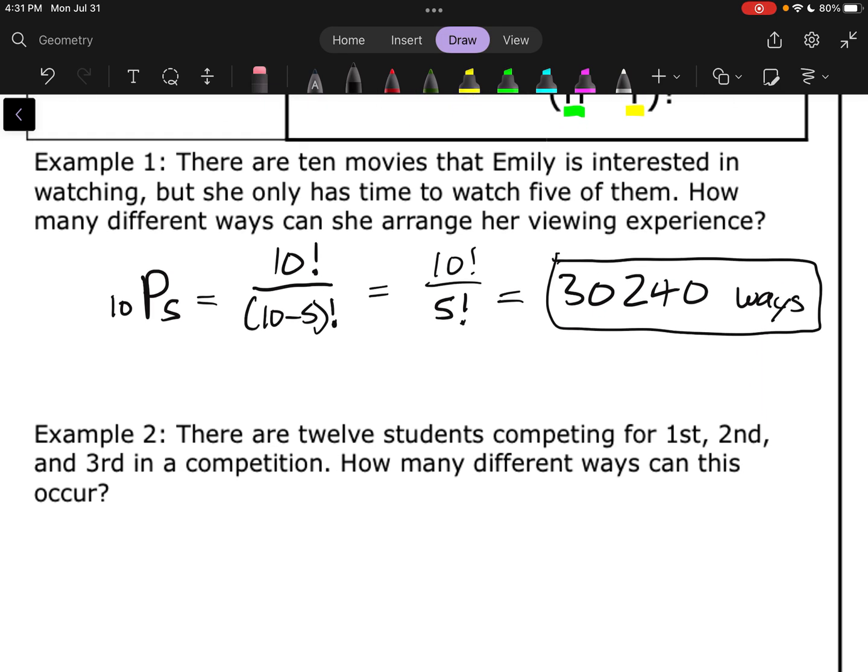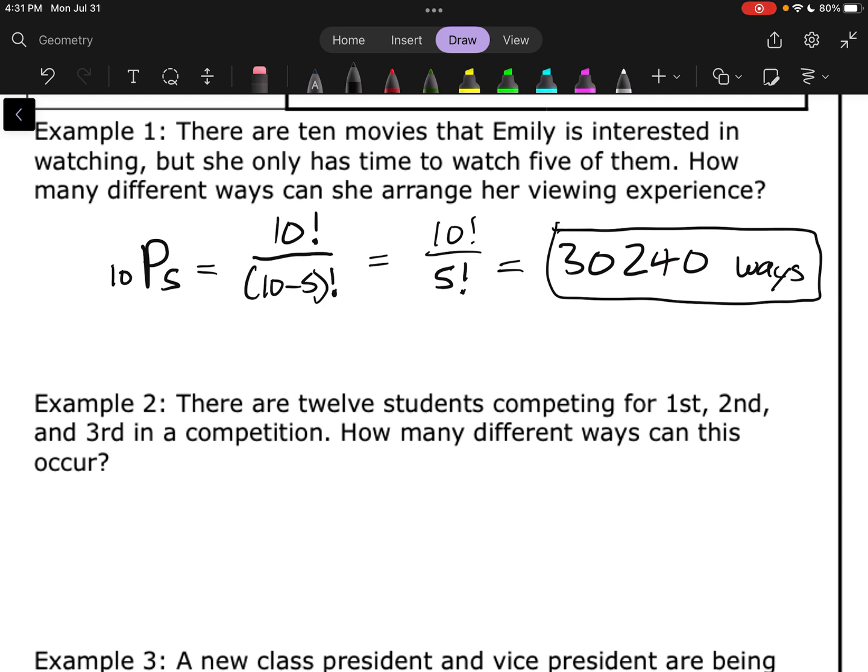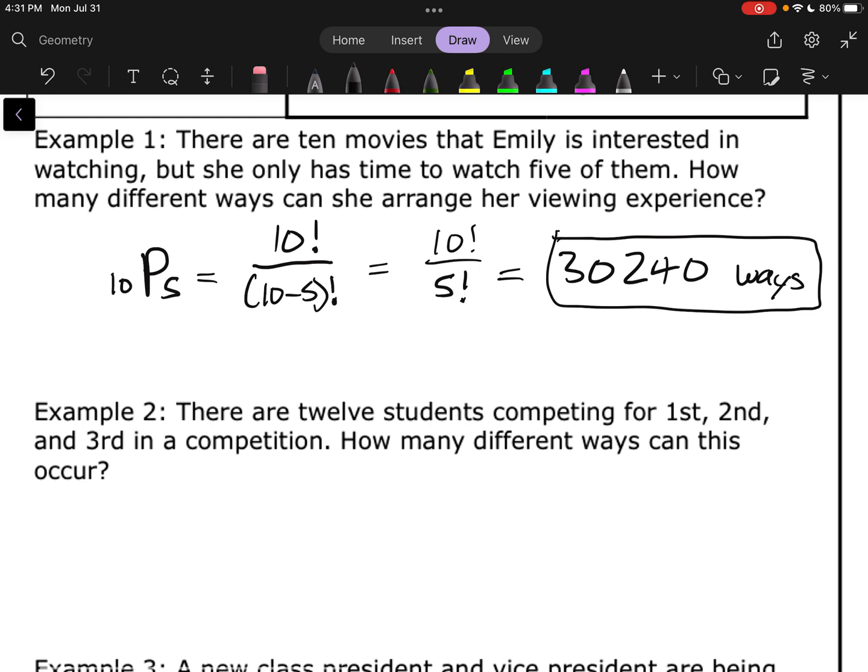All right, example 2. There's 12 students competing for first, second, and third in a competition. How many different ways can this occur? So there are 12 people in this competition, and we care about first, second, and third. So we care about arranging 3 of them, right? So this would be 12 factorial over 12 minus 3 factorial.